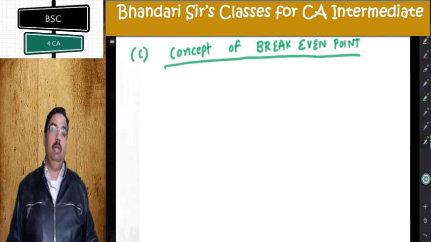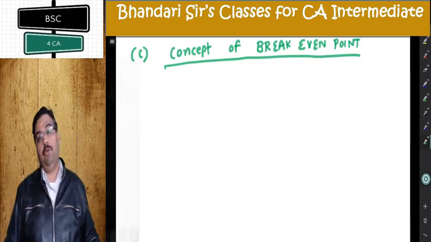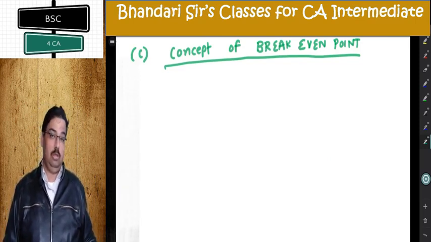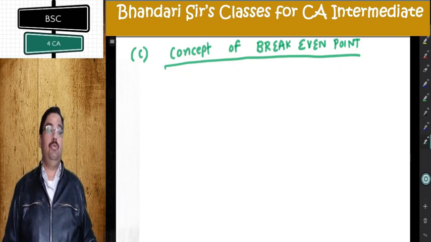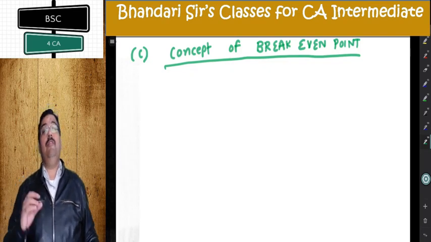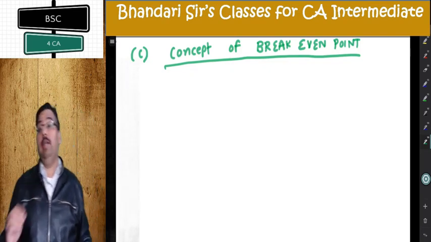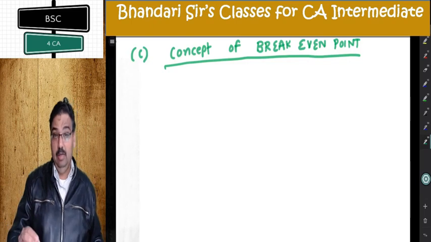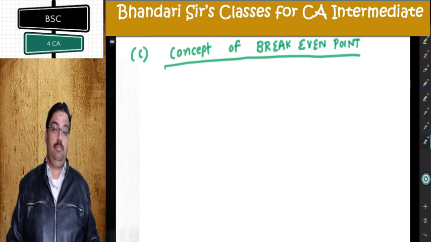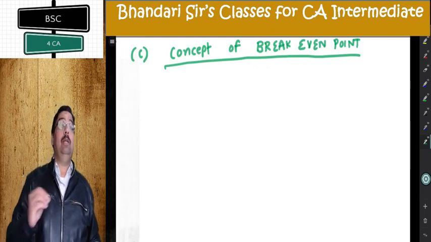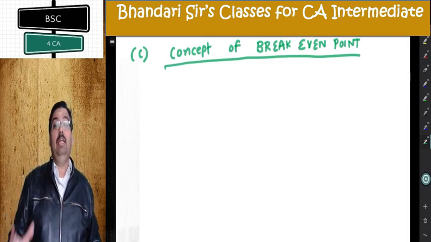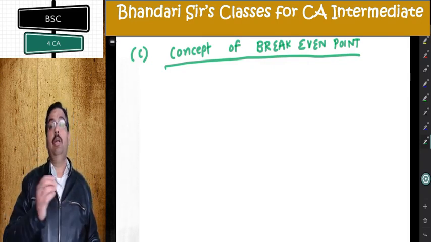Students tell me very simply, where there is no profit, no loss, where total revenue equals total cost. They're all conditions, right? They're not a proper definition. What is the definition of break-even point? Break-even point is that level of activity at which there is no profit, no loss. It is a particular sales level, a particular level of activity at which these things are going to happen.